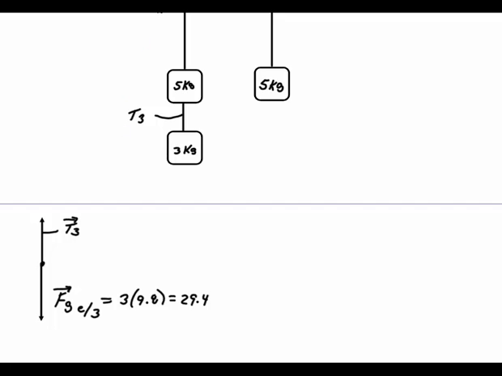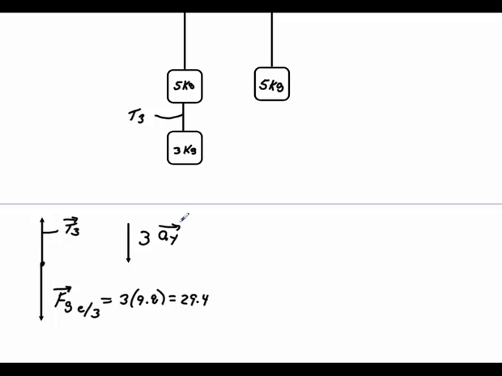And now what I like to do, since we've assumed the acceleration is going to go down off to the side, is call this the mass, which is 3, times the acceleration in the y direction.